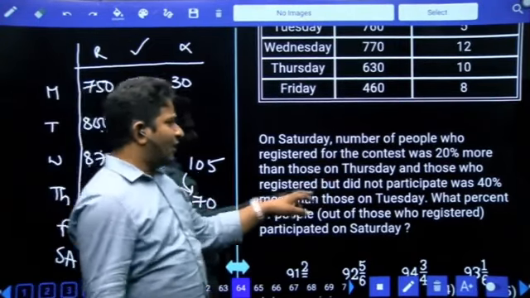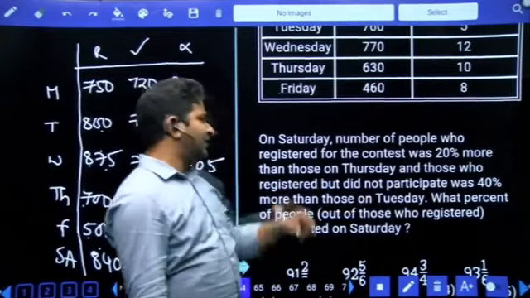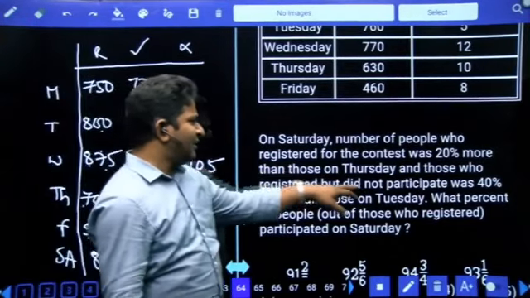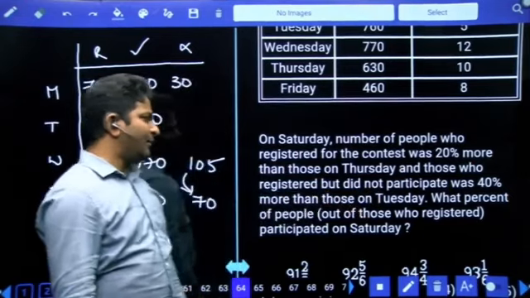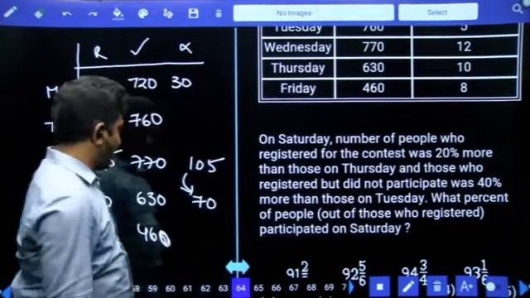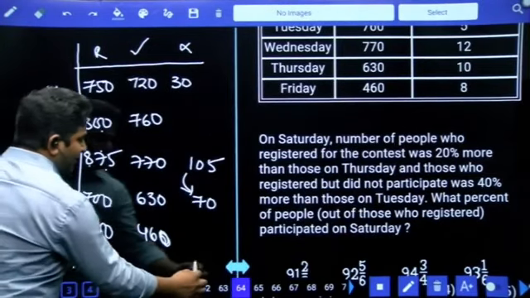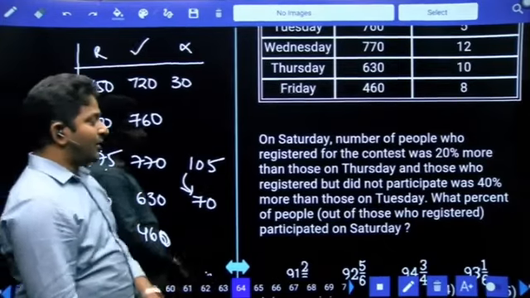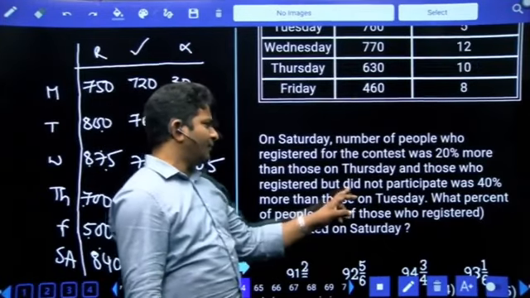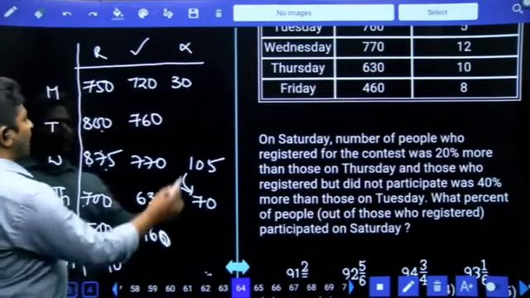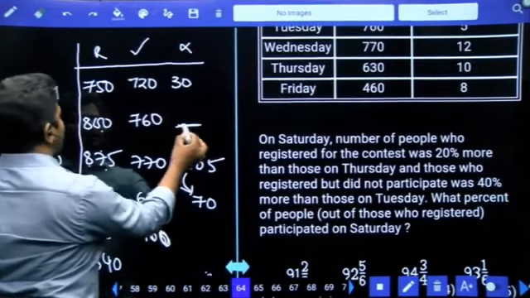And those who registered but did not participate was 40% more than those on Tuesday. Those who registered but not participated, in the sense that value should come here. This value is 40% more than those on Tuesday. On Tuesday, how much value should come here?